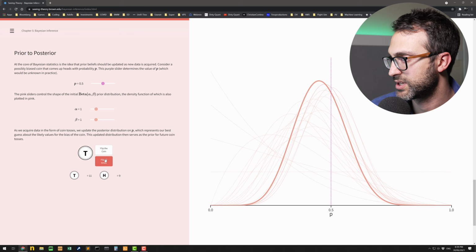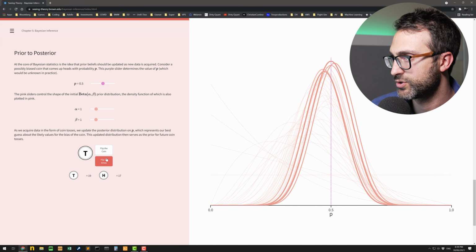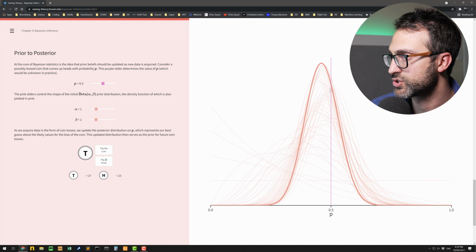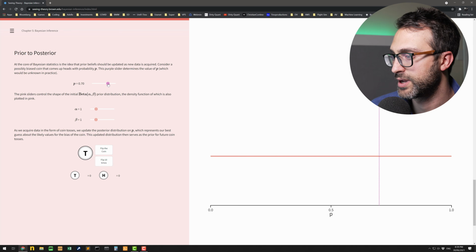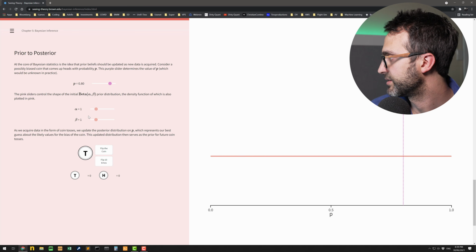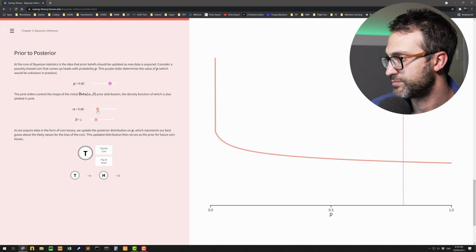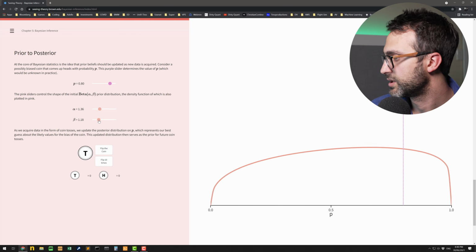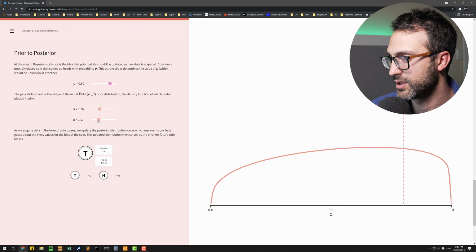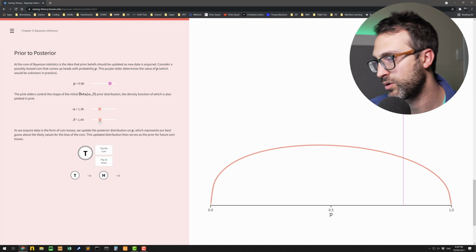Let's have a look. Let's flip the coin 10 times. What does that look like? So we should approach that value there. This P should change, I'm actually making a bias, right? And what is this distribution here? It's my prior. What I think is probably more likely to sit one way or another.